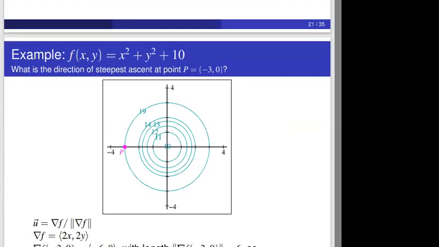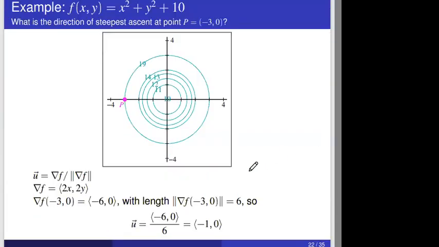So let's do a small example. Here you are given a mountain, the equation of the mountain. This is a three-dimensional surface, because it has two independent variables and one dependent variable.